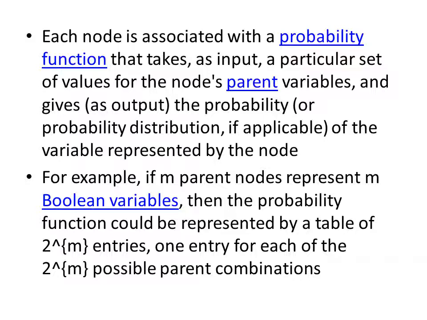For example, if m parent nodes represent m Boolean variables, then the probability function could be represented by a table of 2 power m entries, one entry for each of the 2 power m possible parent combinations.